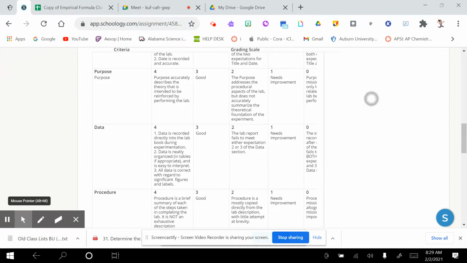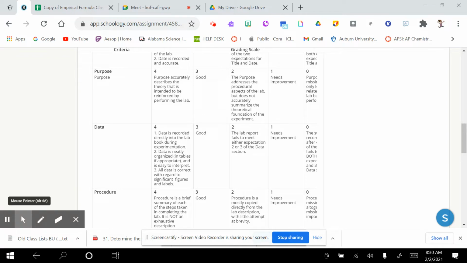Data. All right, the data is going to be what we recorded on that Google Sheet. That's your data. So the data is recorded into the lab book. You could do it a couple of ways. On the lab report, you could actually take that table and copy it into your lab report, or you could put a link to the Google Sheets, not Slides, sorry.